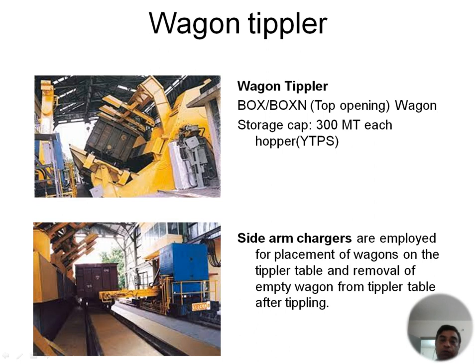The storage capacity of the Yadadri thermal power plant wagon tippler hopper is around 300 ton for each hopper. There is a side arm charger also along with the wagon tippler, which is used for placement of wagons on the tippler table. And once the wagon is unloaded, this empty wagon is removed from the tippler table after tippling by the side arm charger.